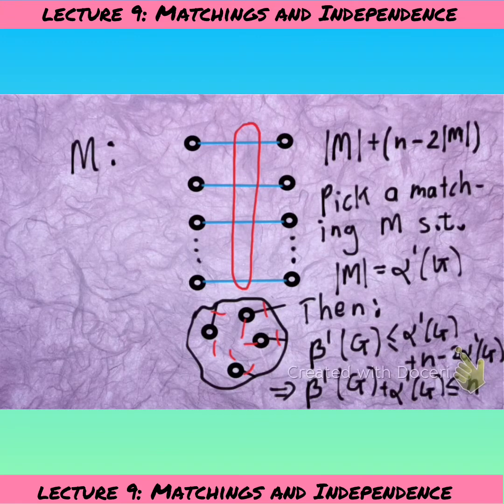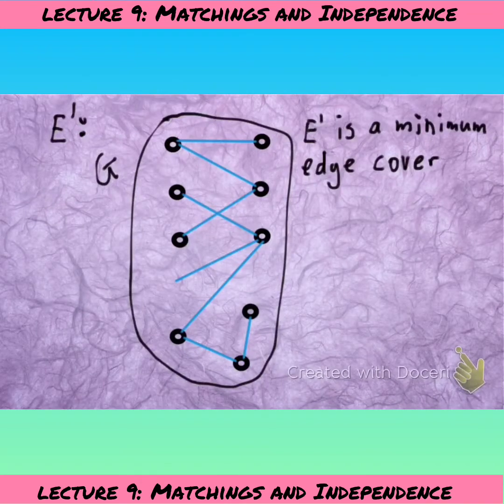So now the question is, can we construct a lower bound? Perhaps we can also show that beta prime plus alpha prime is equal to n. If we want to do that, we need to find a lower bound. Now we start with a minimum edge cover, an edge cover of smallest cardinality, which is the edge covering number.